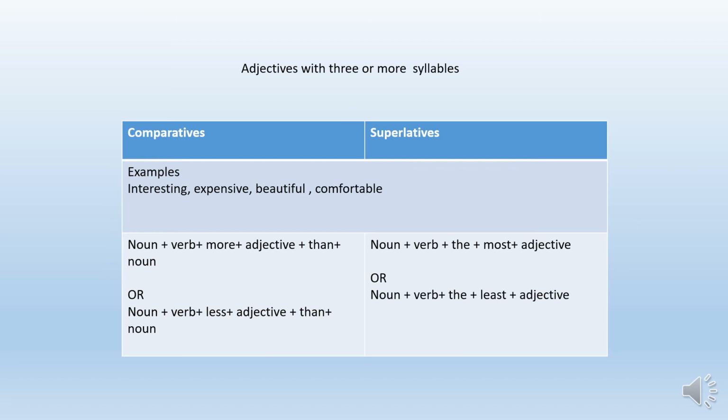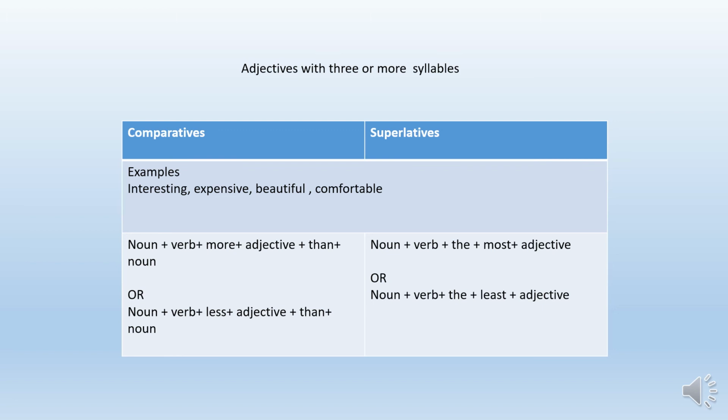Interesting. Three syllables. The second one, expensive. Again, three. Beautiful. Three syllables. Comfortable. Four. So four syllables here in the last adjective.